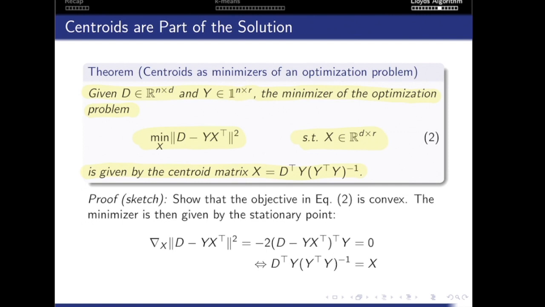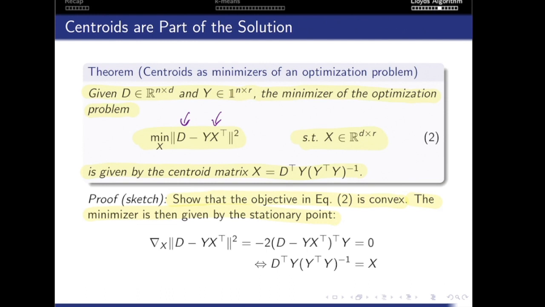So first of all, we show that the objective in equation 2 is convex. This can be done similar to the way we showed that the residual sum of squares for regression is a convex problem. And if we know that this objective is convex and it is also smooth, right, because X is real valued and the residual sum of squares is a smooth function itself, then the minimizer is given by the stationary points, as we have discussed also for regression.